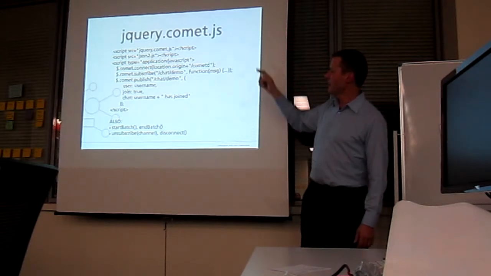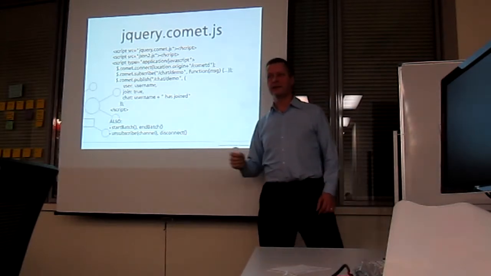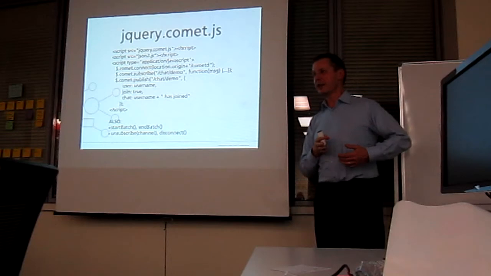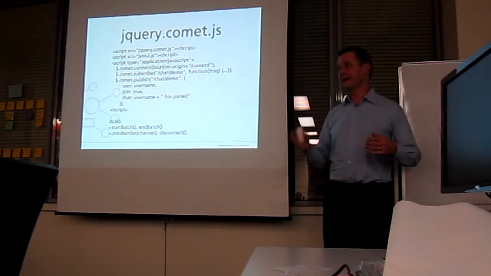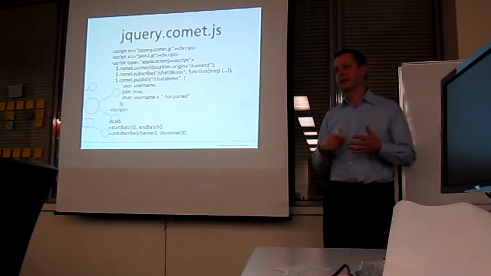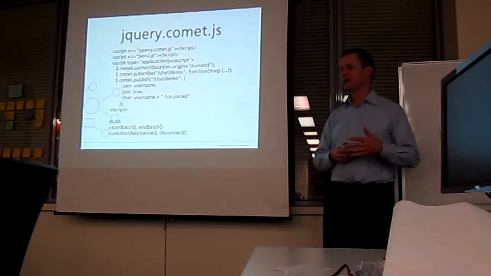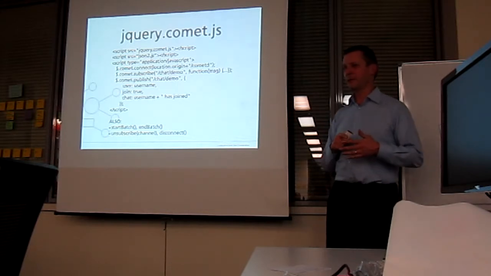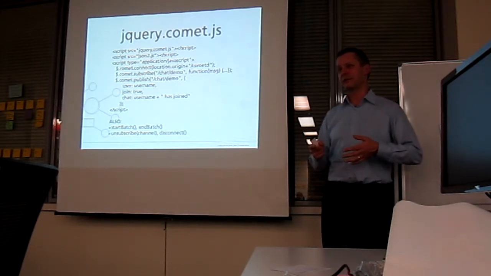The jQuery COMET API has start batch and end batch, so you can say, I've got a bunch of things to tell you, I don't want you to send them until I say end. Now, as it turns out, if you have a loop iterating through publishing, and then I'm done, it won't start sending on the first one anyway, because I don't send until a timeout 0 has occurred.